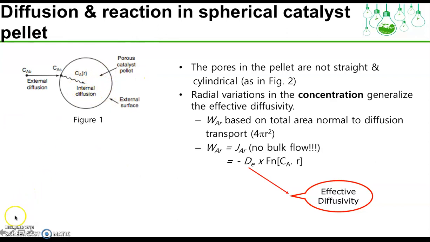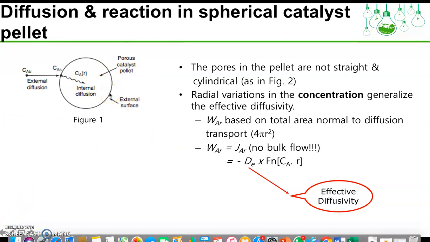For figure 1, we can see that reactant A will diffuse by external diffusion from the bulk to the surface of the catalyst. In this chapter, we will see how reactant A diffuses from the external surface of the catalyst, where the concentration is CAS, into the catalyst interior, where the concentration is CAR at any point in the catalyst.